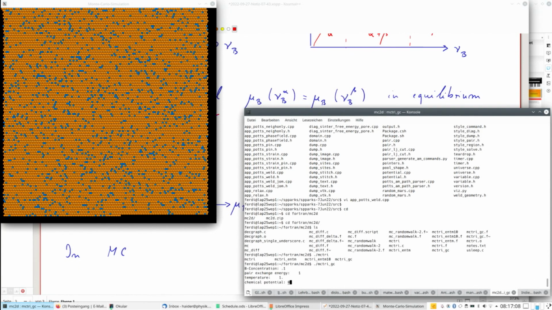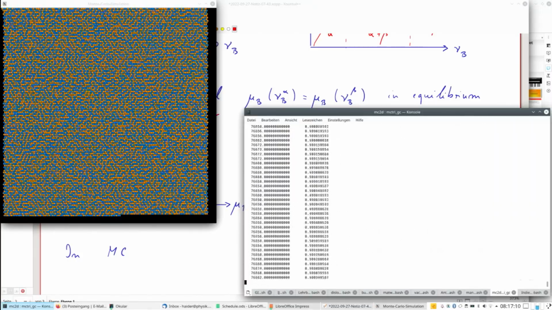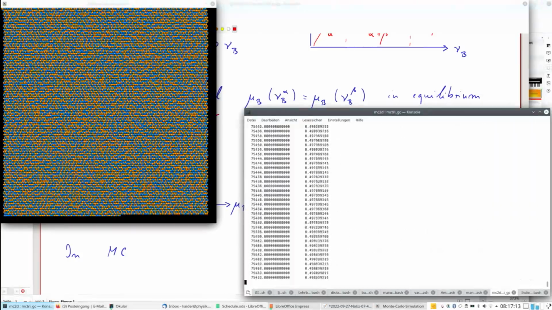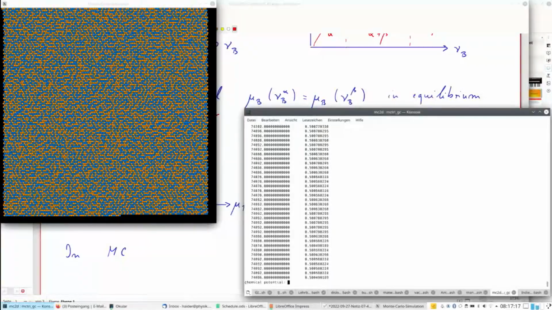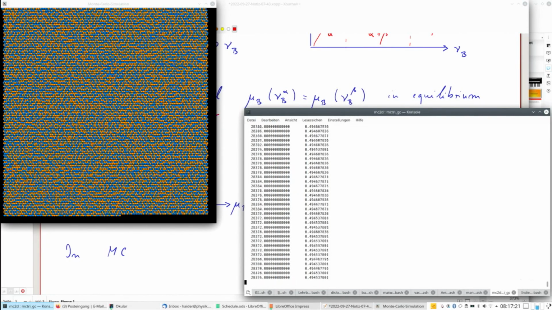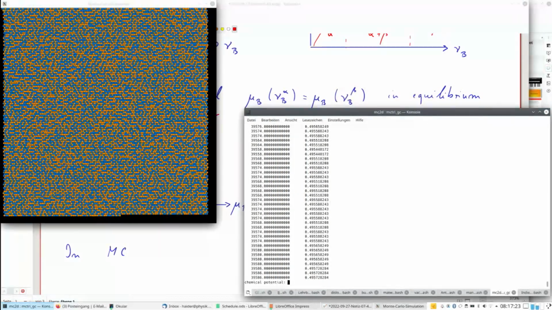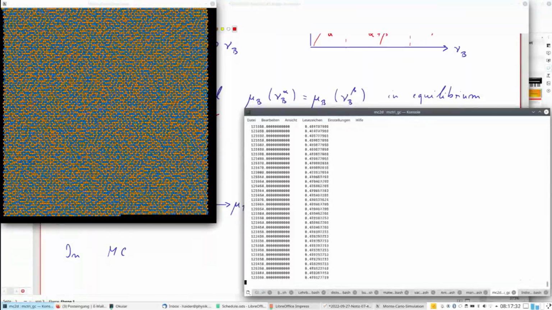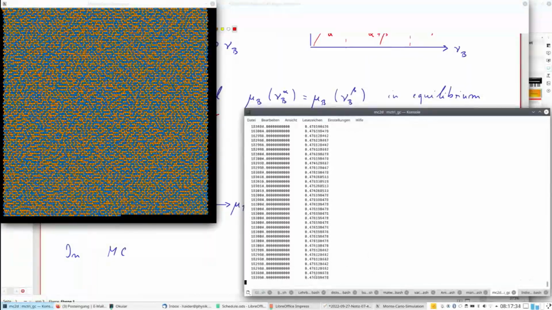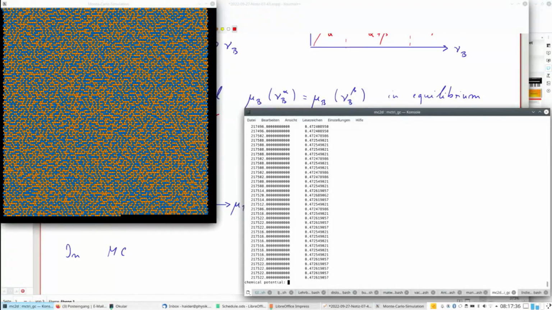So if I put a chemical potential of 0, I get 50%. And now I slowly favor the... It's very slow. You see here the concentration is 0.47, so I have to use larger values.